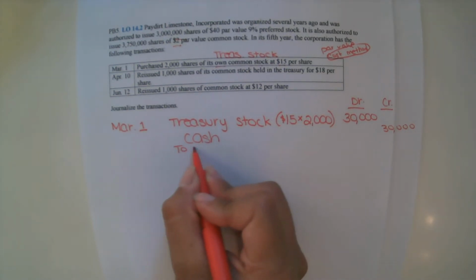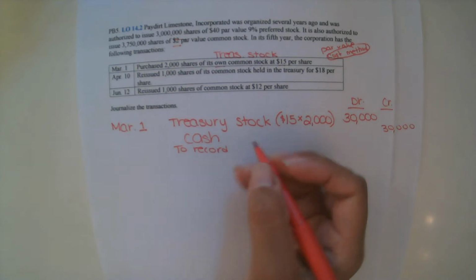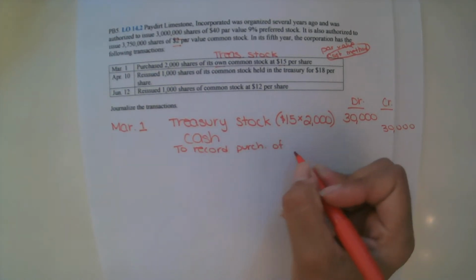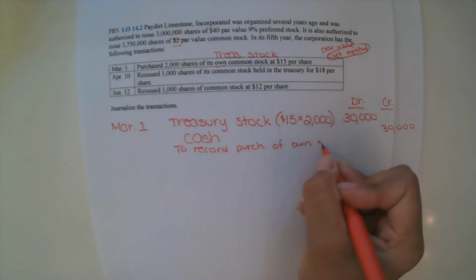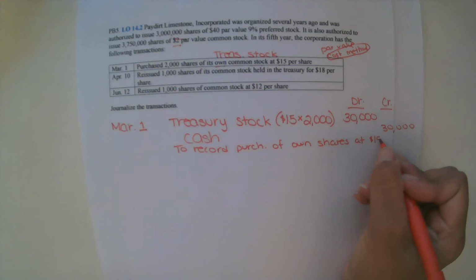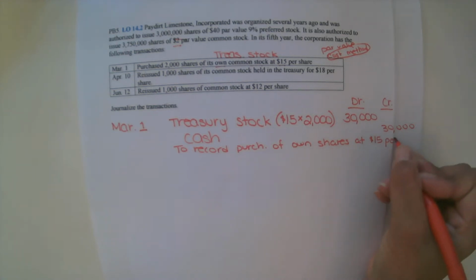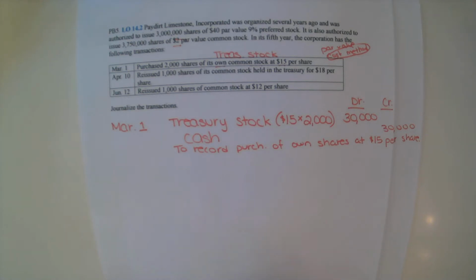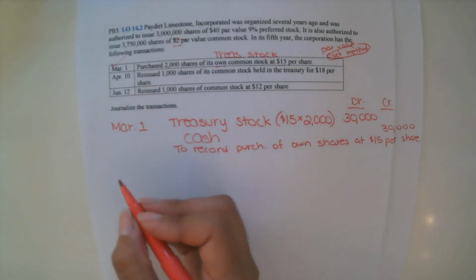And we'll put our explanation. It's not complete until we have our explanation. To record purchase of own shares at $15 per share.